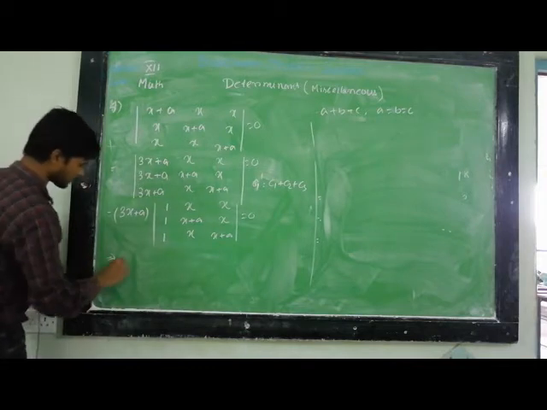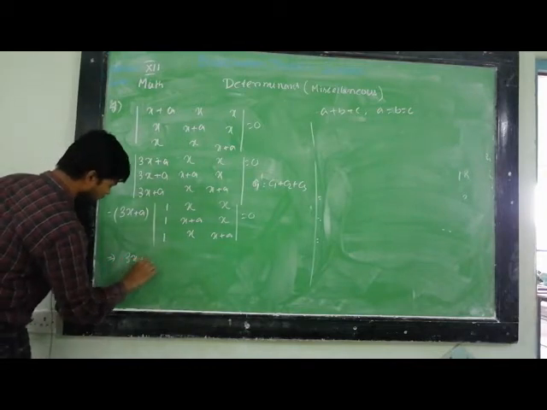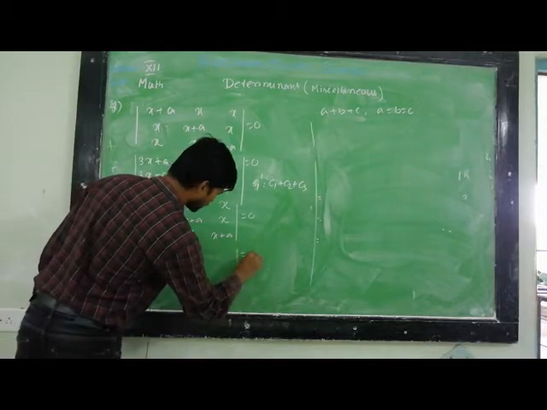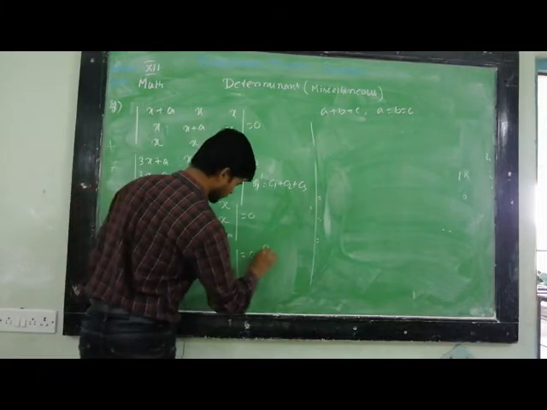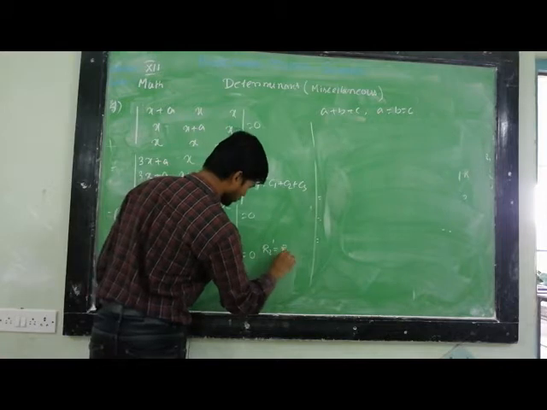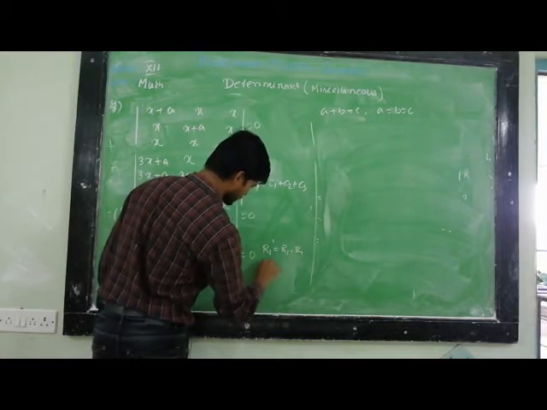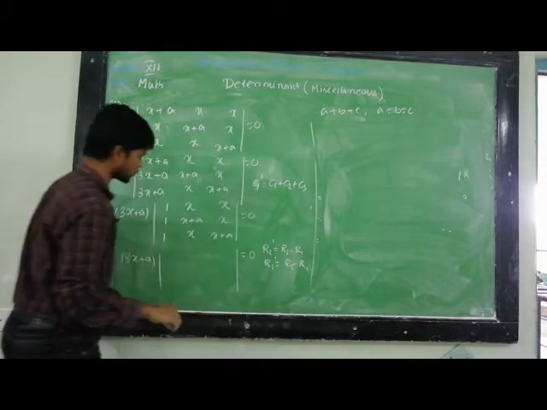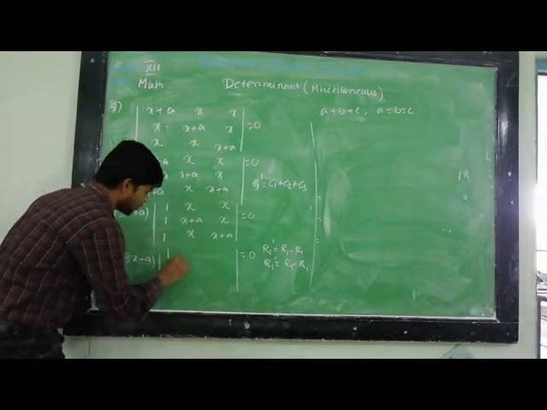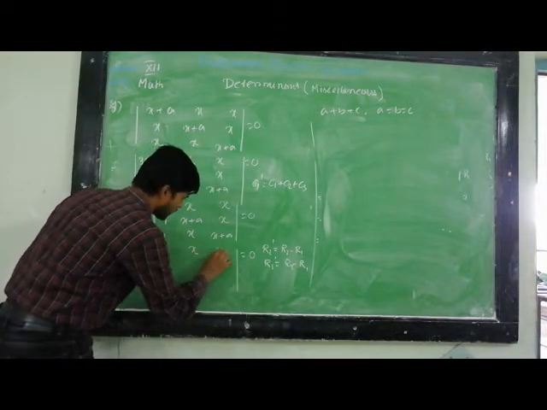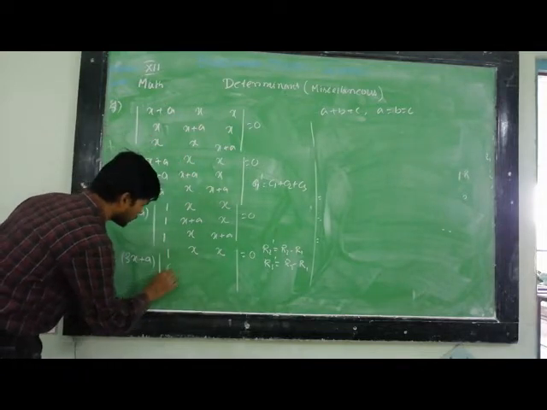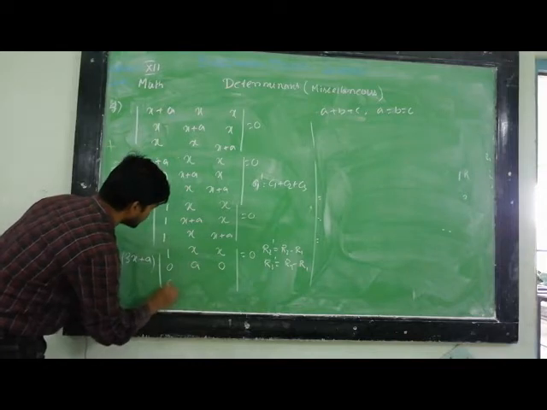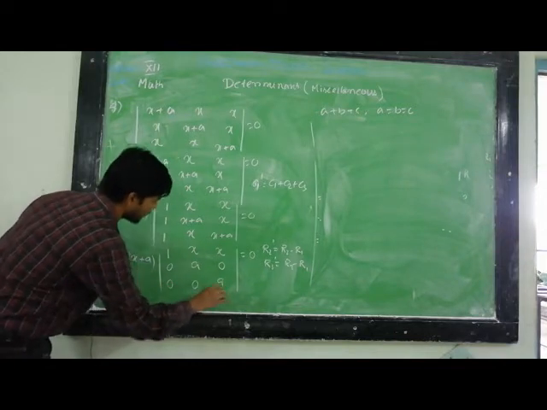That means 3x plus a into, again we will apply the operation R2 becomes R2 minus R1, R3 becomes R3 minus R1. The first row is unchanged, 1, x, x. The second row will be 0, a, 0 and the third row 0, 0, a.